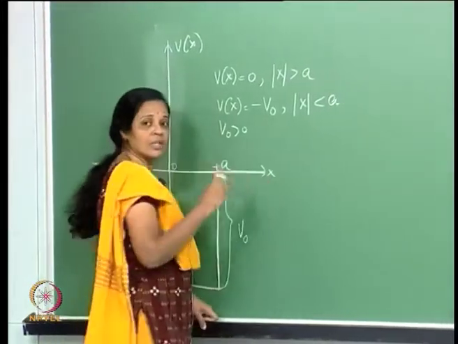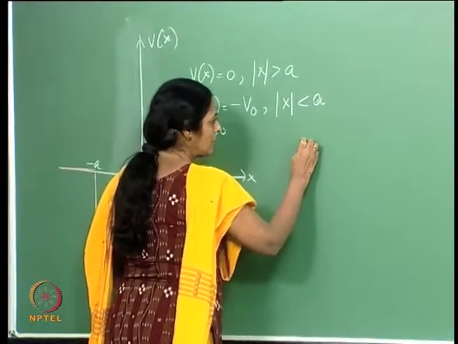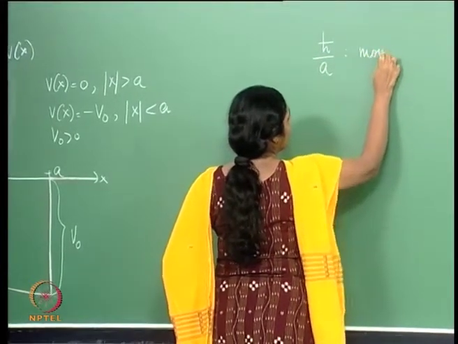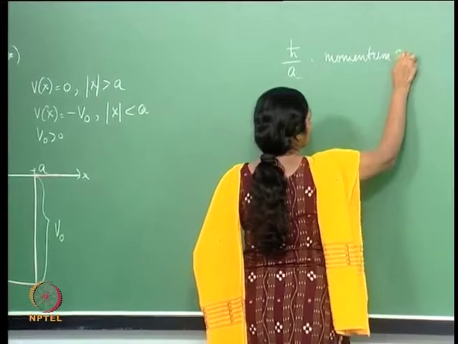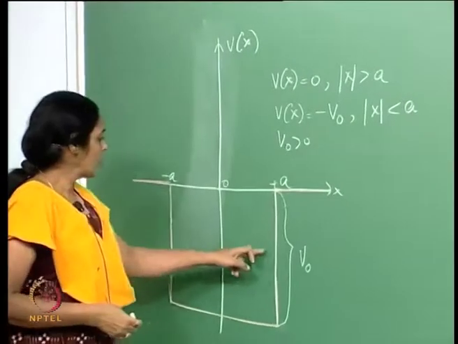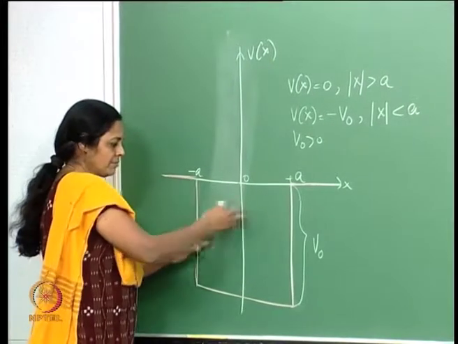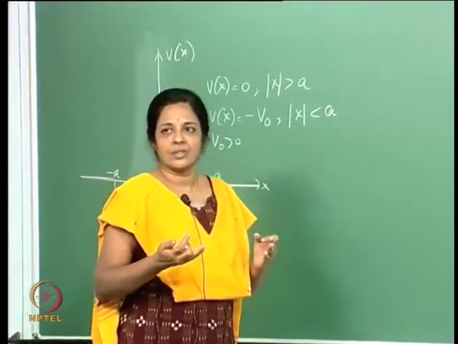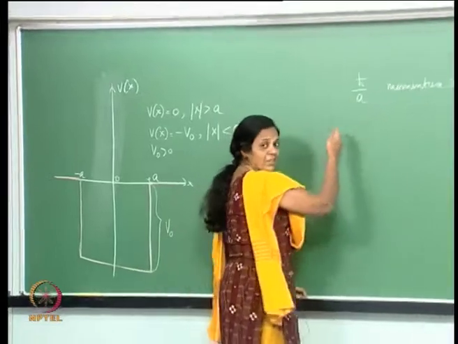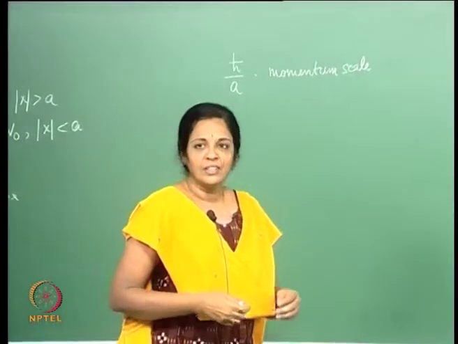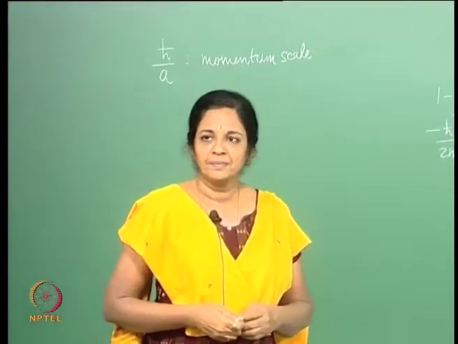And therefore, I have a momentum scale in this problem. My momentum scale is h cross by a. There is a nice interpretation. If the particle of mass m were inside this potential well, and you don't know where it is, roughly there is an uncertainty in its position, which is given by a, and therefore there is a corresponding uncertainty in its linear momentum, given by h cross by a.